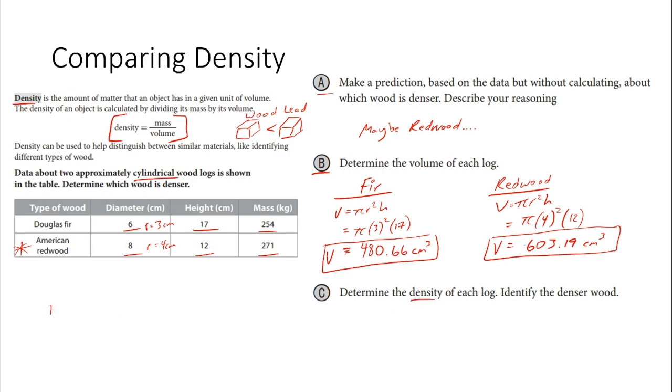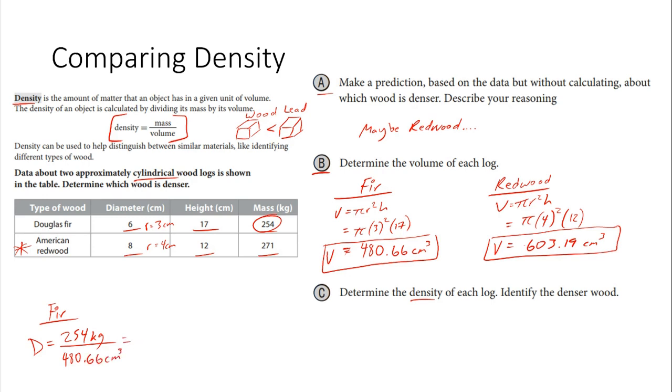Okay, so for the fir, to find its density, again you take the mass, which was 254 kilograms. Do not ignore the units. Very important, not just for now, but also for physics, chemistry, and any other serious science. So 254 kilograms, divided by its volume, which we got, 480.66 cubic centimeters.